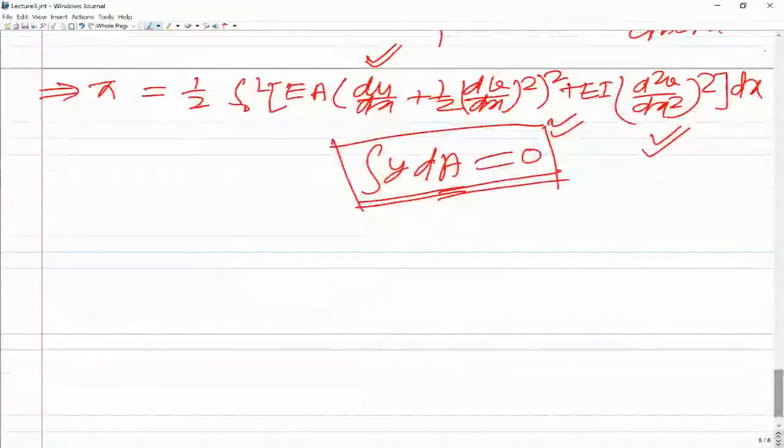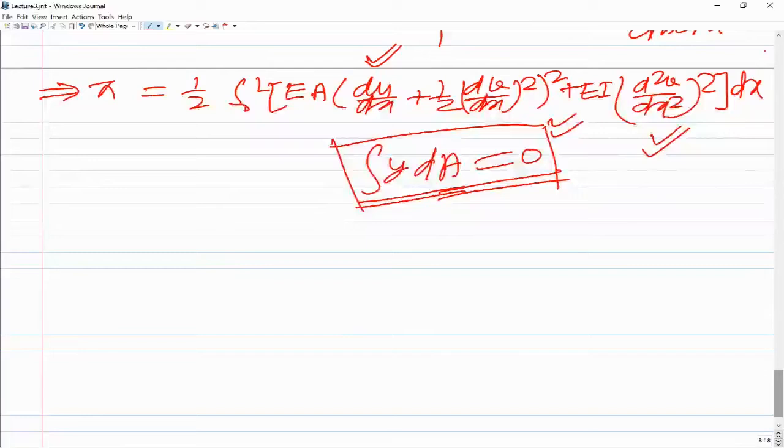So this is what I wanted to discuss about the weak forms. Given problems like that, you will now have some idea and you can develop the weak forms. I also want you to understand that you should be able to derive the finite element level governing equations directly from the integral functional also.